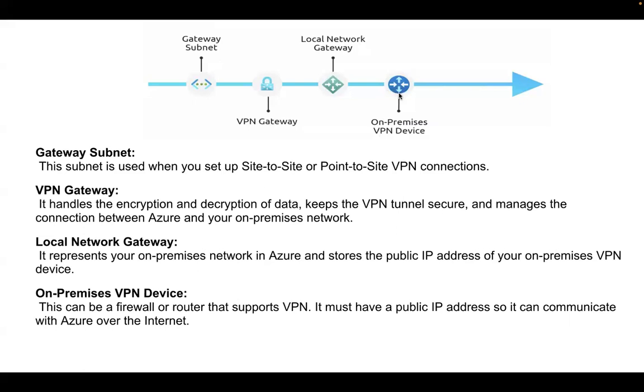The next one is the on-premise VPN device. This can be a firewall or a router that supports VPN, and it must have a public IP address so it can communicate with Azure over the internet. This IP address is configured in the local network gateway.